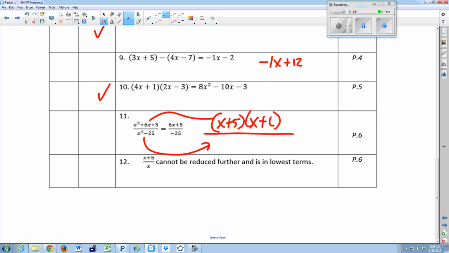This factors to x plus 5 times x minus 1. Because you have multiplication in the numerator and denominator, you have a factor of 1, which you can divide out. It doesn't change when you divide by 1. So this is x plus 1 over x, x plus 1 over x minus 5. And this cannot be reduced.